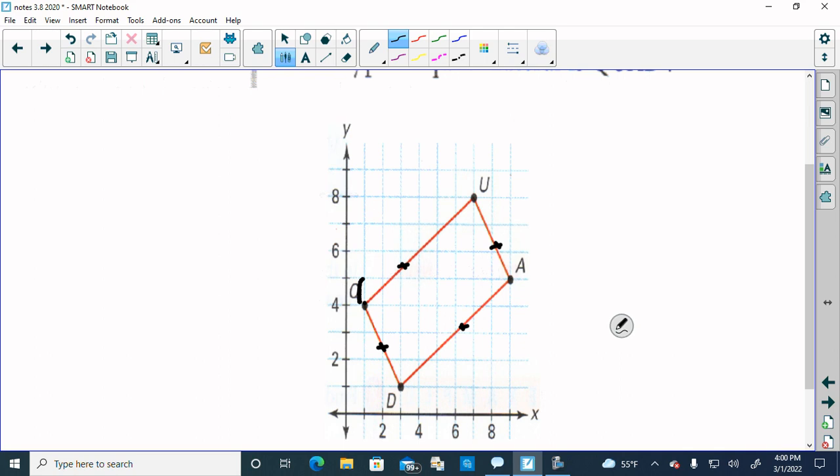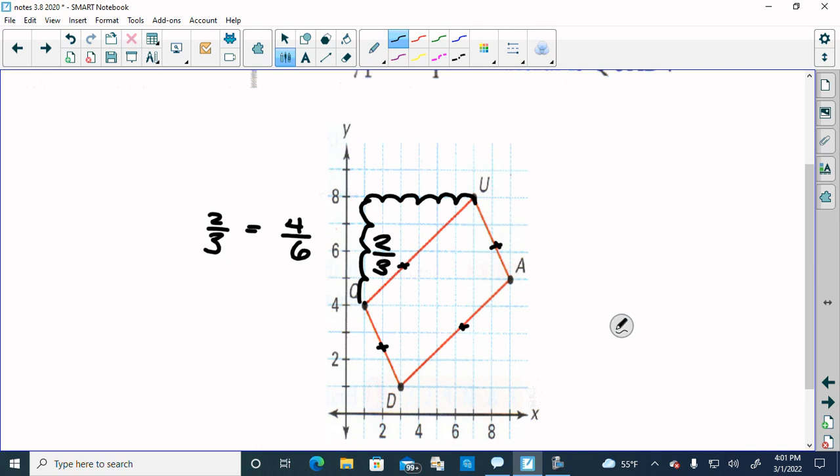Here's 1, 2, 3, 4. So that's my rise. Remember, rise is on top. Over run. So now we're going over 1, 2, 3, 4, 5, 6. And then again, you could reduce that. So that would be the same as 2/3. So the slope for this line is 2/3.